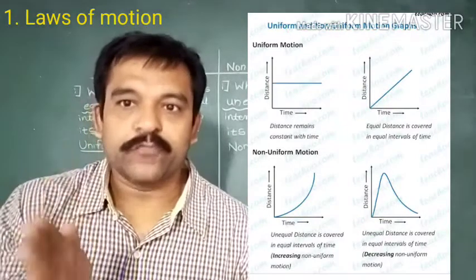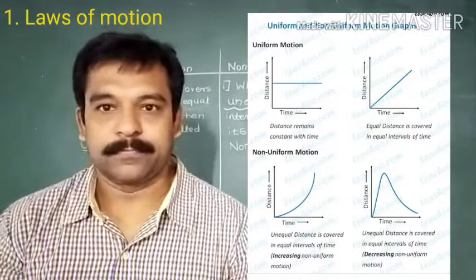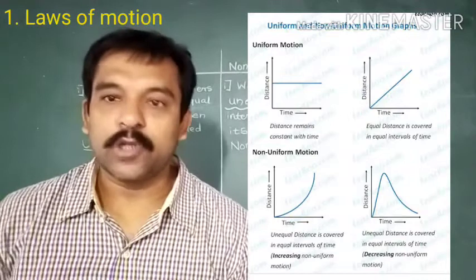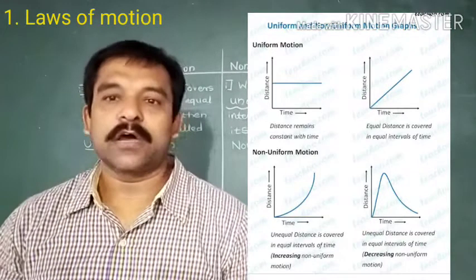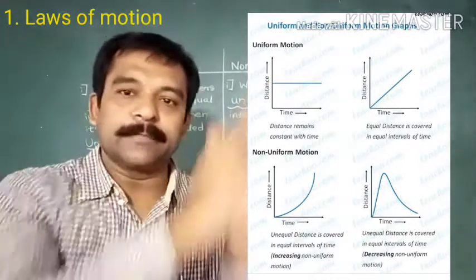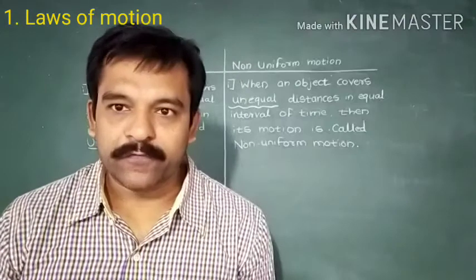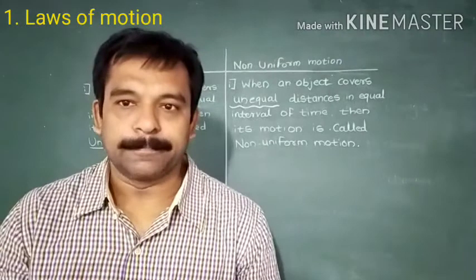And for non-uniform motion, the same graph is not a straight line. So the second point is, a graph of uniform motion is always a straight line, and a graph of non-uniform motion is not a straight line.